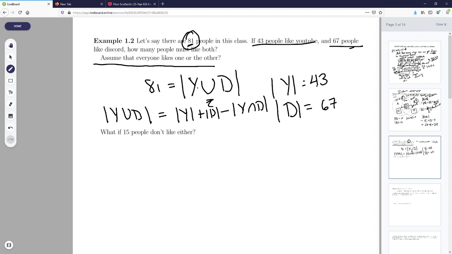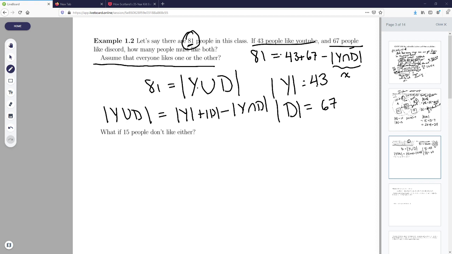We can solve this by saying 81 is equal to 43 plus 67 minus x. You can either leave it in this form or replace it with a variable, call it x. So let's calculate. 43 plus 67 is 110.